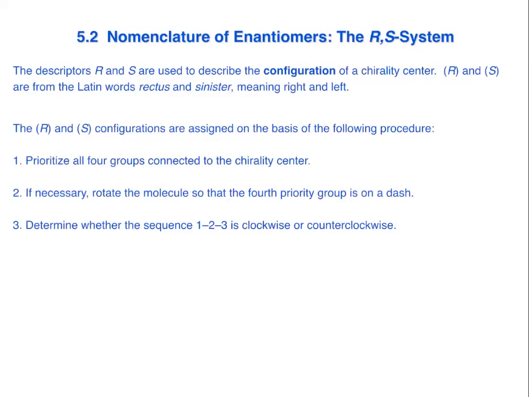In this video, we're going to cover section 5.2, which introduces a method we use to name enantiomers. As we've seen previously, if we have a pair of stereoisomers, we saw earlier that if we had two disubstituted alkenes, they were diastereomers, and we could use the terms cis and trans to identify those individual molecules of that pair.